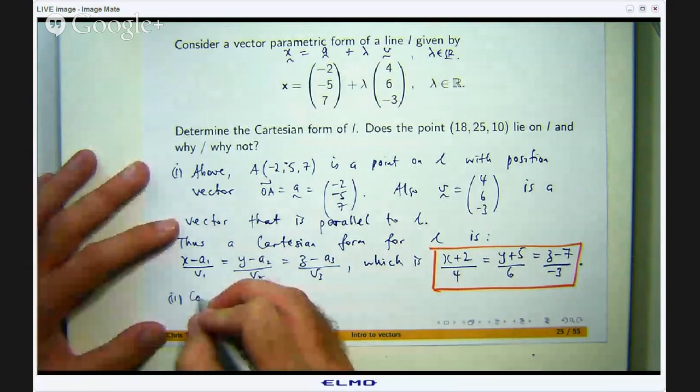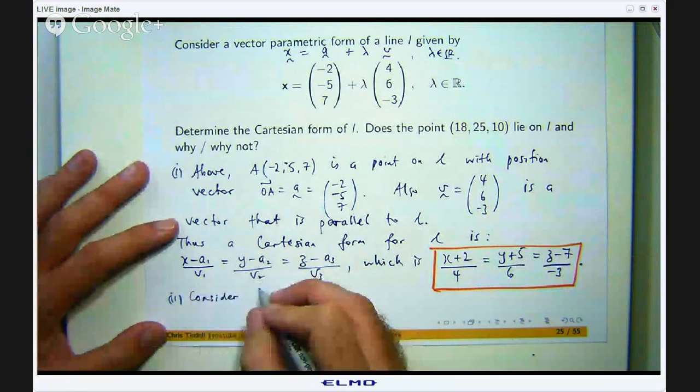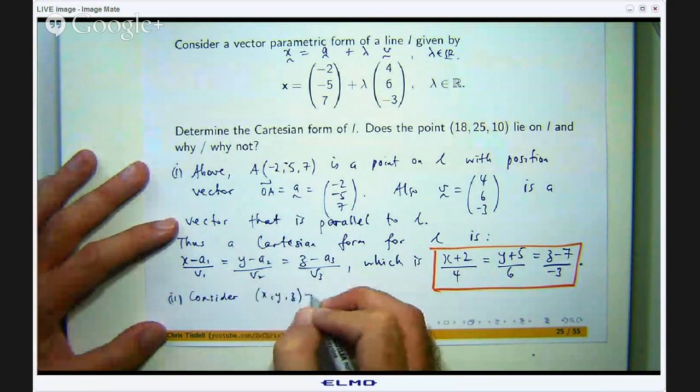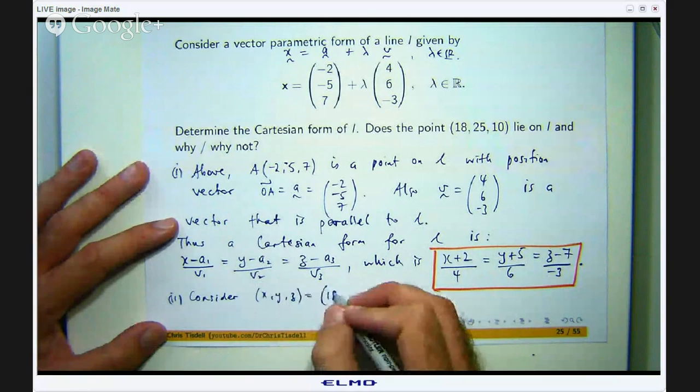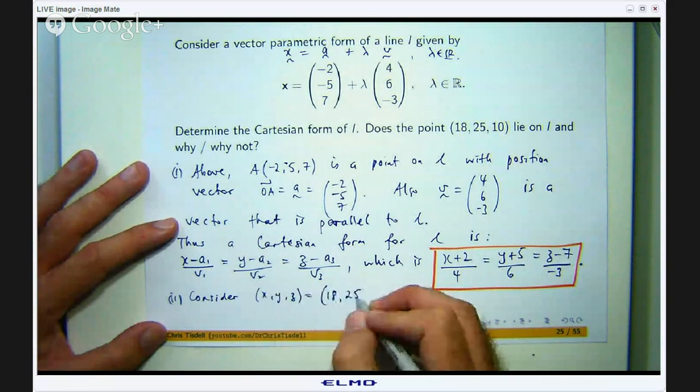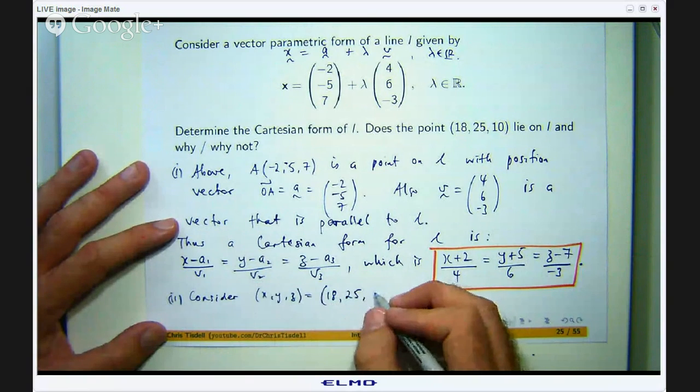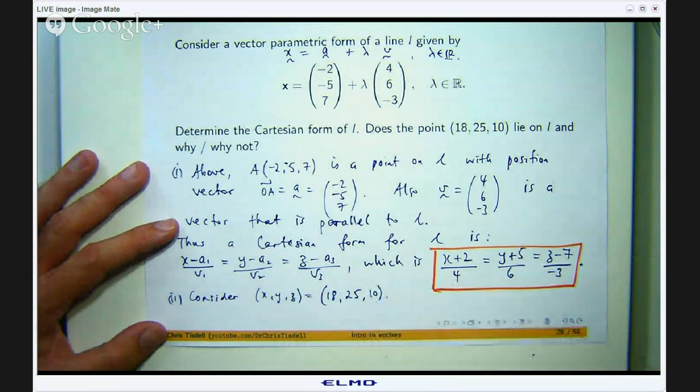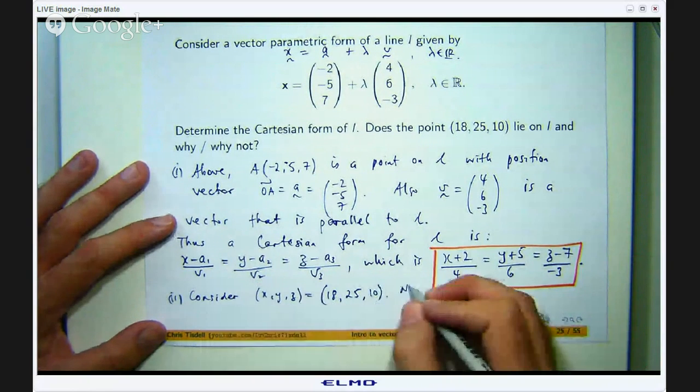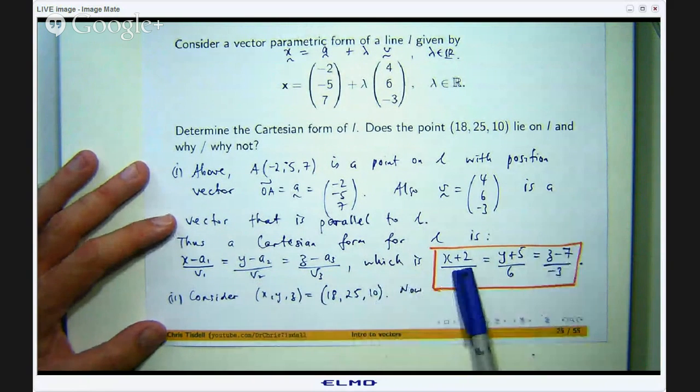Okay, so let's consider the point x, y, z with x equals 18, y equals 25, and z equals 10. So let's consider the following.